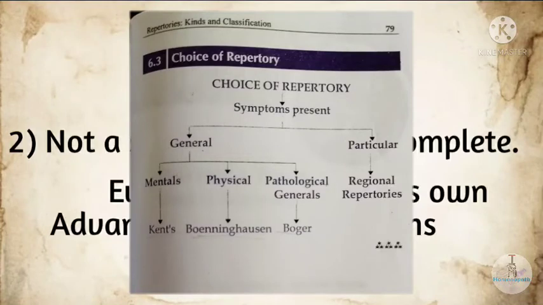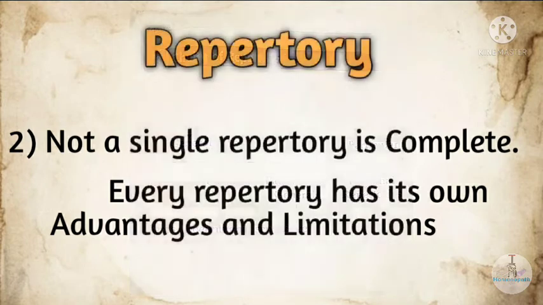For physical generals, the most preferred repertory is Boenninghausen's repertory. For pathological generals, the most preferred one is Boger's repertory. And for particular symptoms, different regional repertories can be used. This way, we have to select the repertory that is most suitable for the type of case or its symptoms.